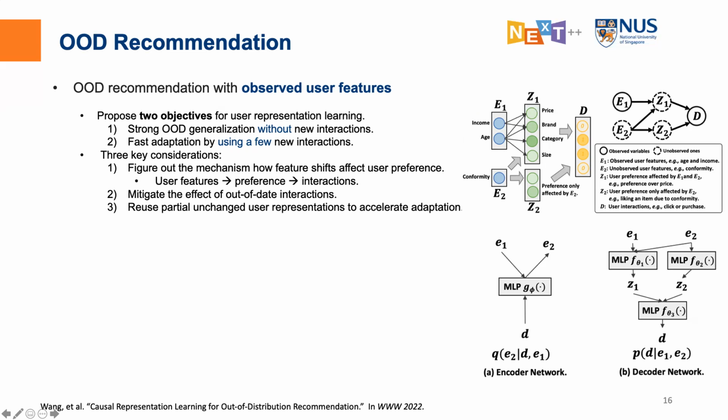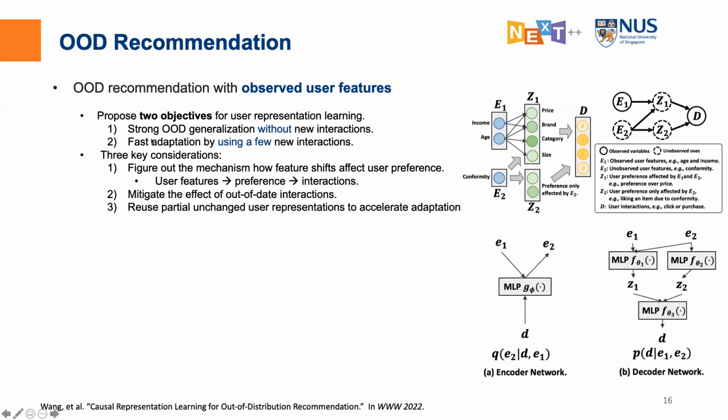For OOD recommendation with observed user features, we can model the relations between these factors. If some factor changes, we can infer the latest user preference and predict the new user interactions. The core idea is to figure out the mechanism of how the feature shift affects user preference. We propose two objectives for this OOD recommendation task.